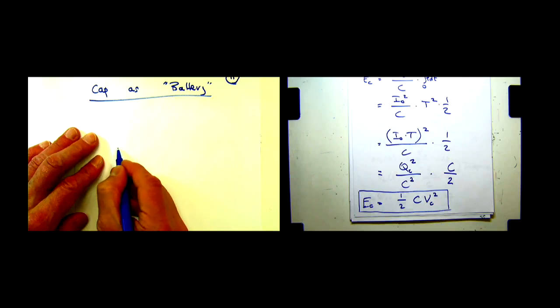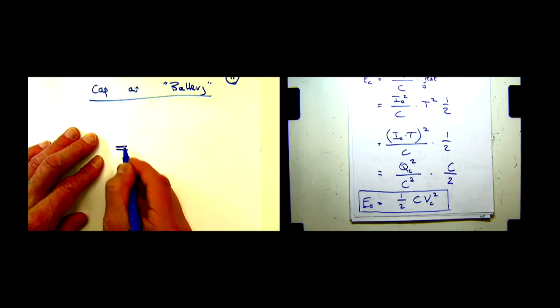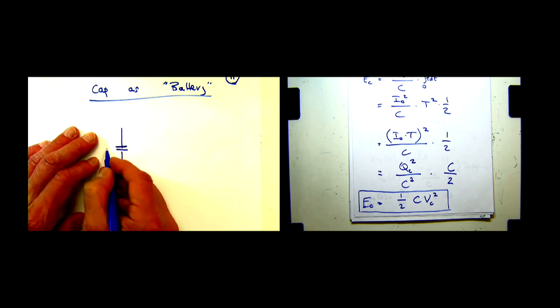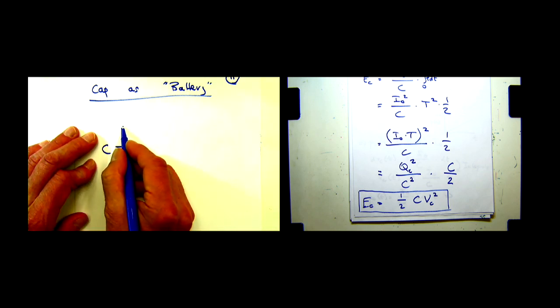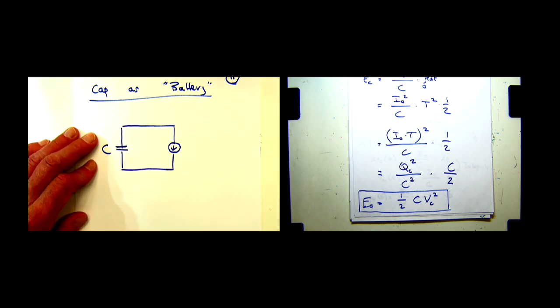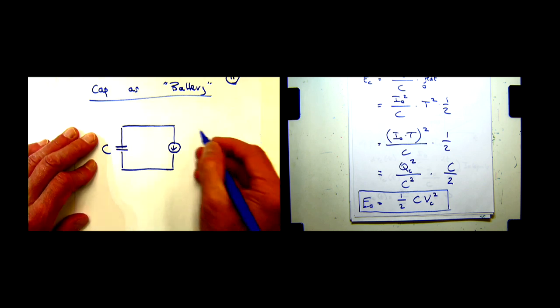So let's say that we had a capacitor and we charged it somehow to an appropriate voltage and therefore an appropriate energy. And now we want to power a thing. Let's say it's just some kind of a robot.